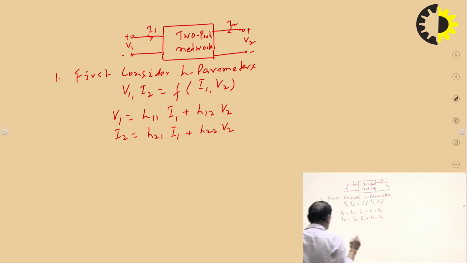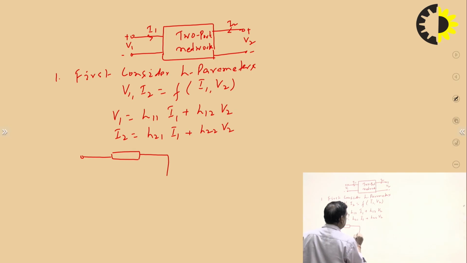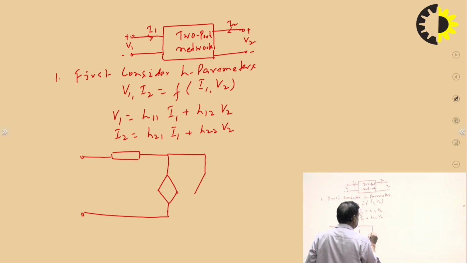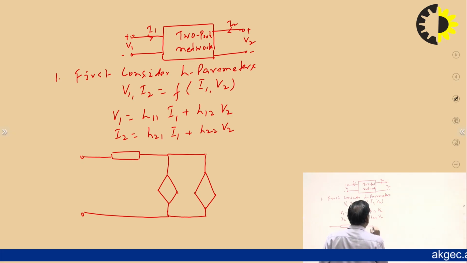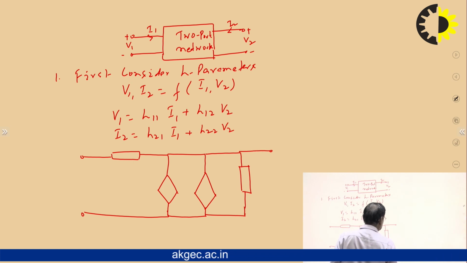Now we can draw the equivalent circuit using the H parameters. It will be like this, with the dependent sources.